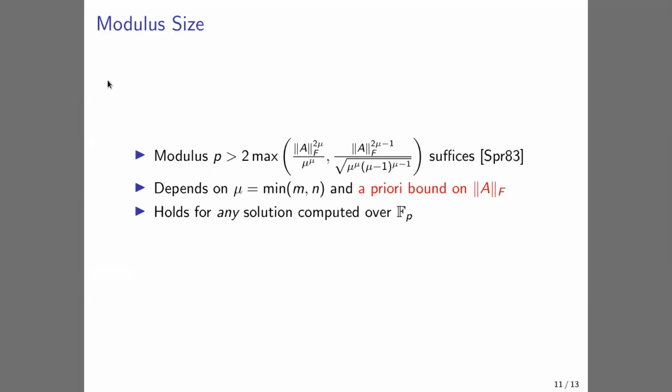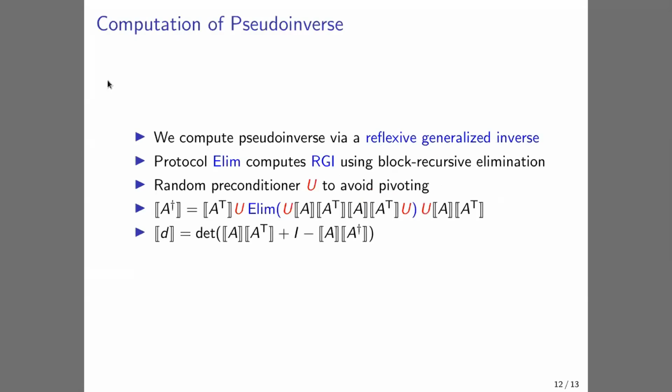Then finally, I would just like to give a very brief sketch of how our protocol works in the end. We compute our pseudo-inverse with an intermediate step by first computing a so-called reflexive generalized inverse of a particular matrix.